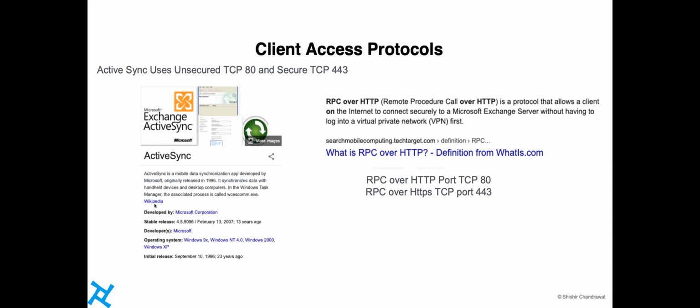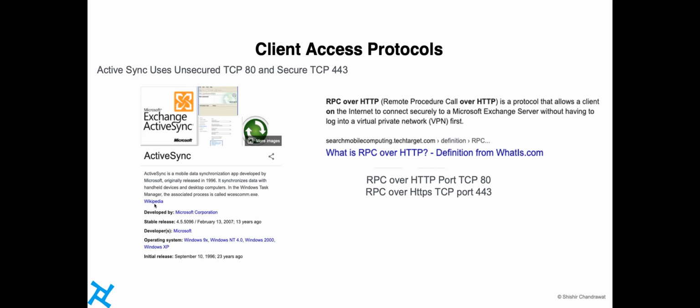Through your public router, they get inside. If they have to do unsecured communication, which nobody does anymore, then it will be on TCP/80. ActiveSync uses HTTP on TCP port 80, and otherwise for secured communication, ActiveSync uses HTTPS on TCP port 443.